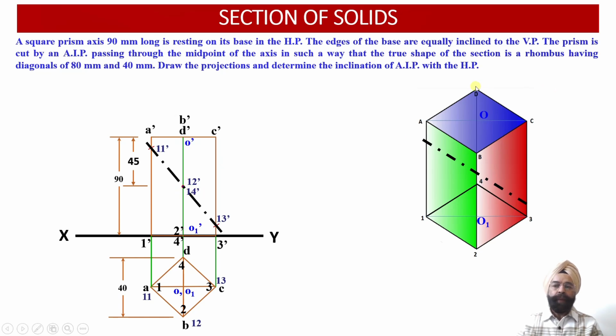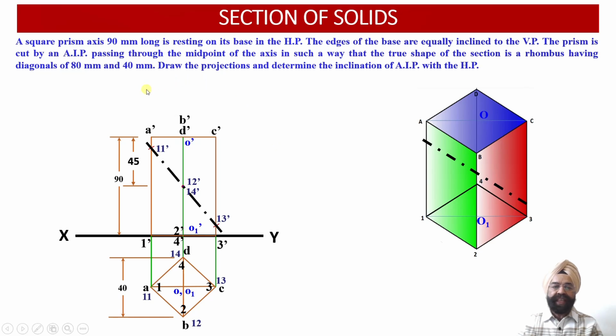Now since points D, 14 and 4 are going to lie on the same vertical edge perpendicular to HP, in the top view projections we are going to have coincidence of points D, 4 and 14 over here. So this way, all the 4 points of intersection have been obtained in the front view projections and they have been located appropriately in the top view projections over here.